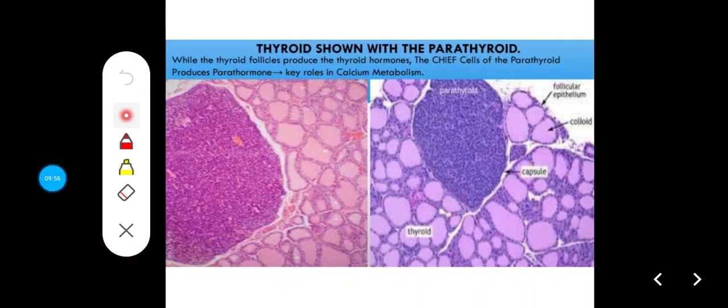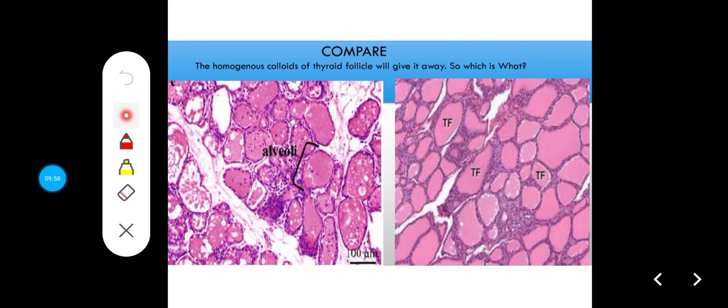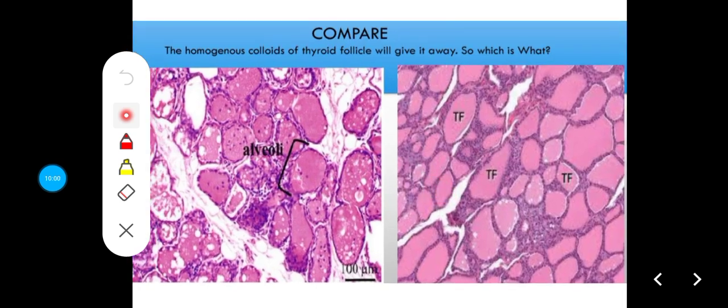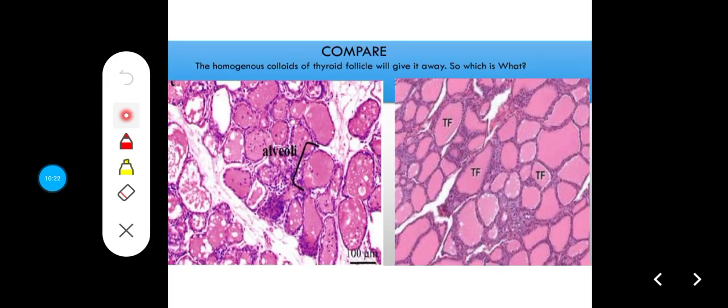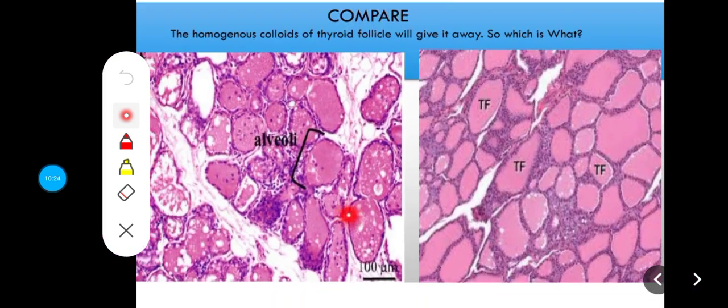Okay, so see this one too. Here they are comparing the slides of the thyroid and the mammary gland. So notice the homogeneous colloid in the thyroid follicle. Notice how uniformly staining these follicles appear. And then in between them, the parafollicular cells or the C cells. Now look at the mammary gland, the alveoli of the mammary gland.